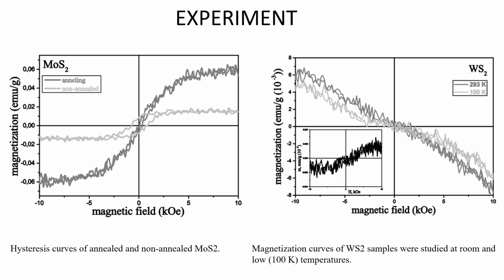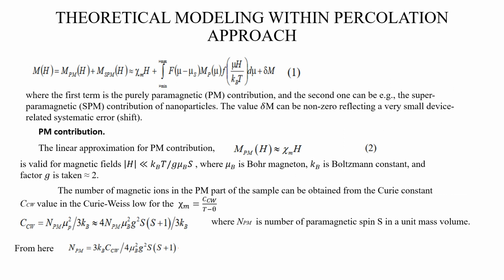Thus, we assume that indeed defects or edge effects are a cause of the ferromagnetism which we observed in molybdenum disulfide powders.